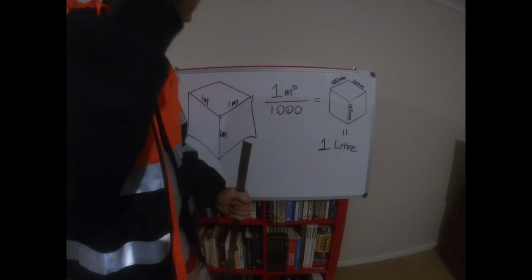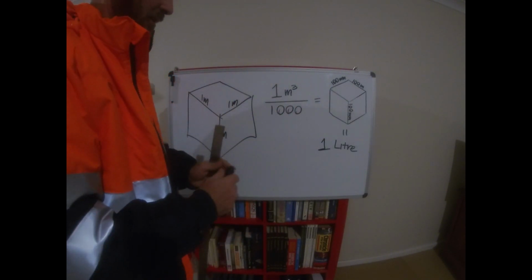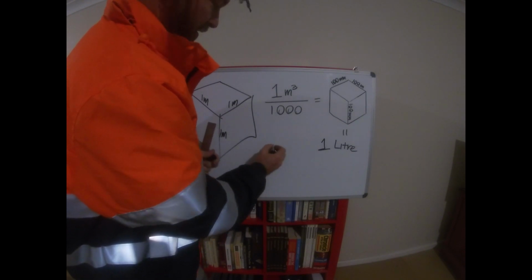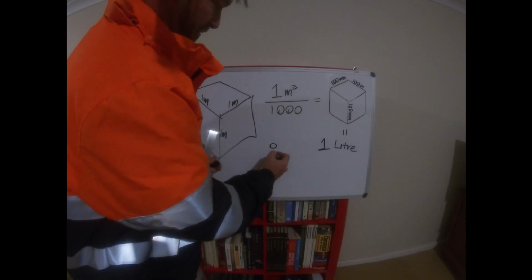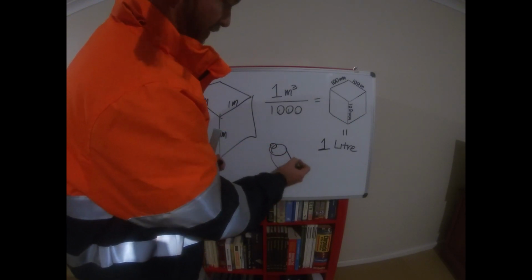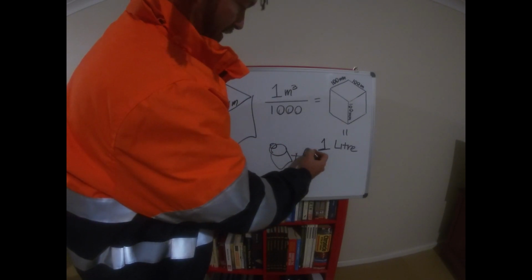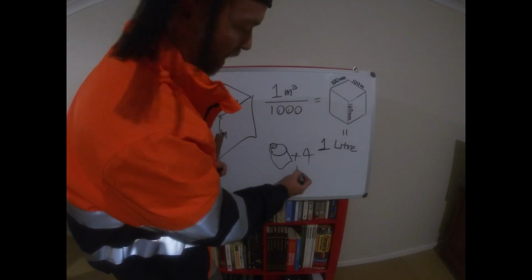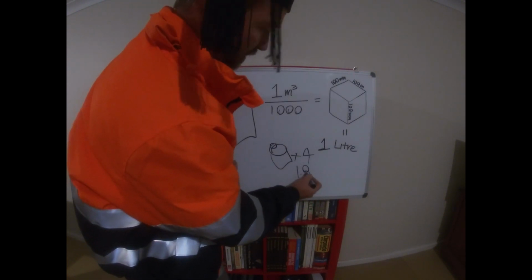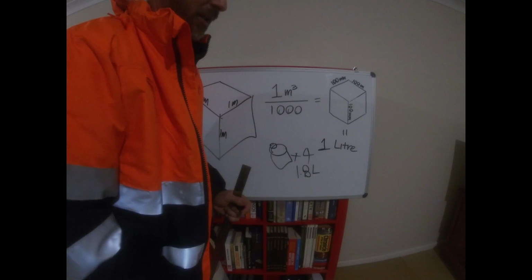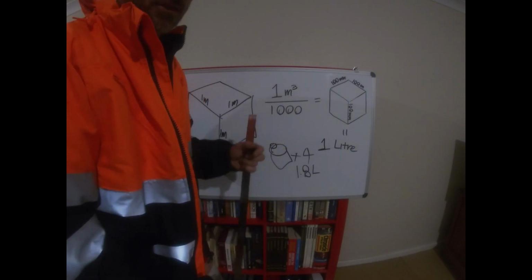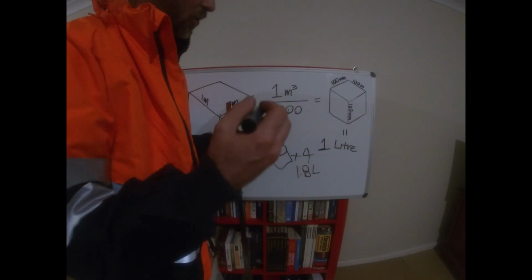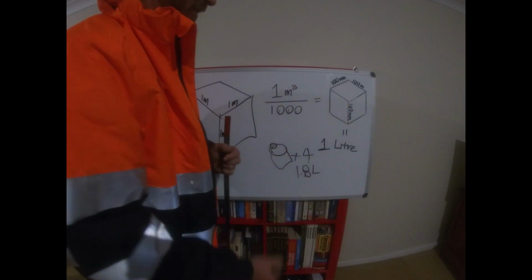So if I had an internal combustion engine, let's say I've got a 4-cylinder car, the cylinders are about that big, there's 4 of them, and they go up and down. I might have a 1.8 litre engine capacity, or sometimes if it's a small motor, people talk in cubic centimetres or cc's.